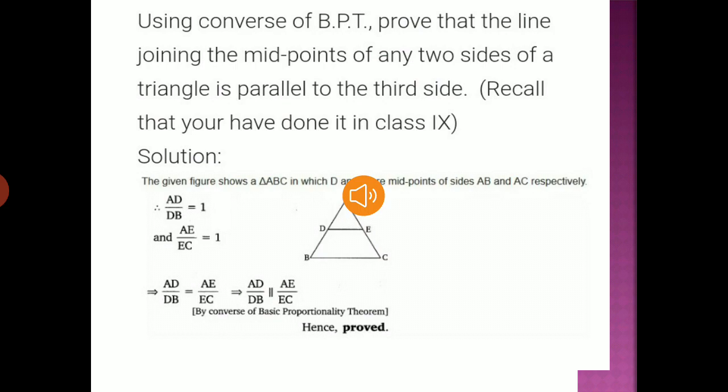So, AD by DB is equal to 1, AE by EC is also equal to 1. Then we can write AD by DB is equal to AE by EC. Now, use the converse of the basic proportionality theorem, so DE is parallel to BC. Hence, proved.